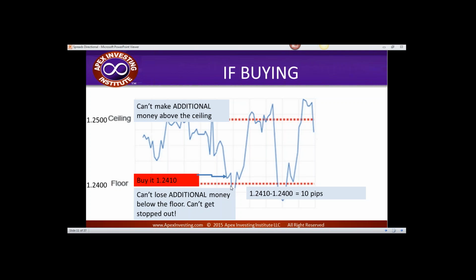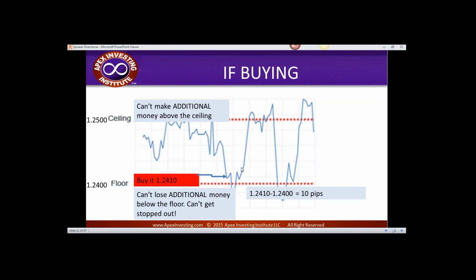So that is the beauty of spreads compared to other instruments that you may have a stop loss on. You bought it here, expecting it to go up. It came down, went below your floor, but your order is still open. Your trade is still open. That does not cancel out your trade. And you're glad it didn't, right? Because boom, it pops all the way back up.